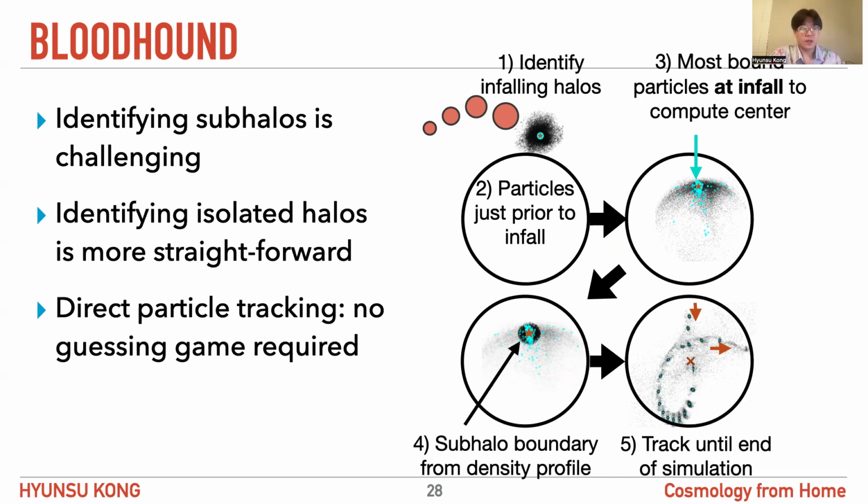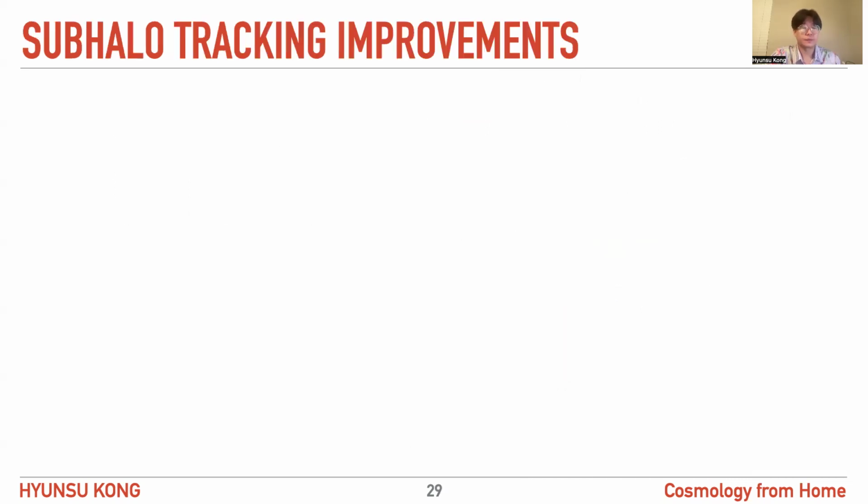And by directly tracking particles, Bloodhound never has to play the guessing game that traditional merger trees need to play when attempting to connect progenitors to descendant halos. And now that I've introduced Bloodhound and an example of how it improves subhalo tracking, I want to discuss the improvements in a more statistical way.